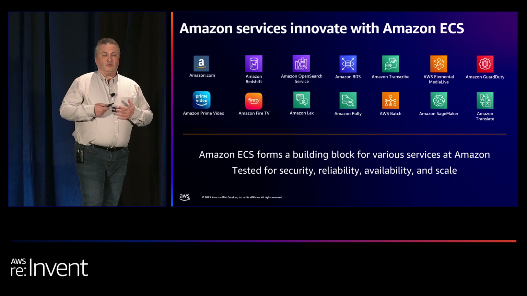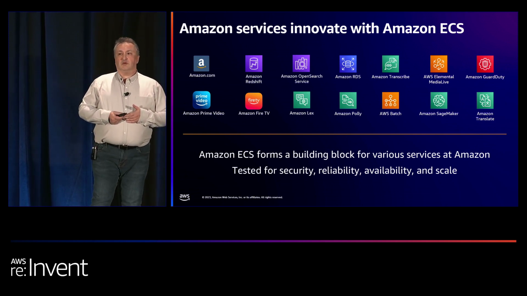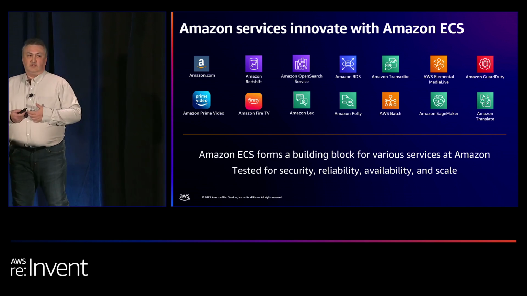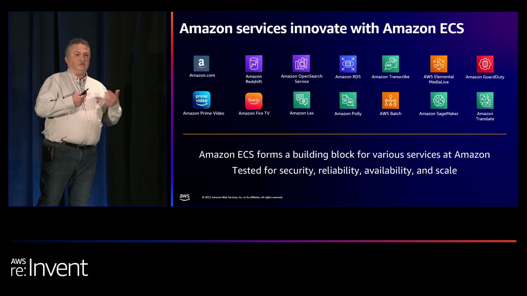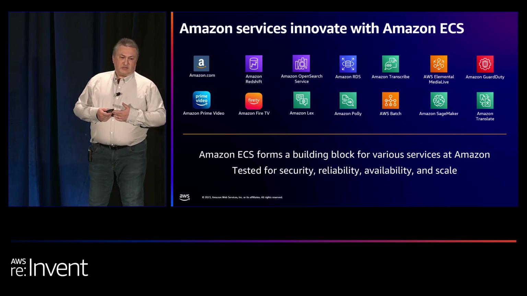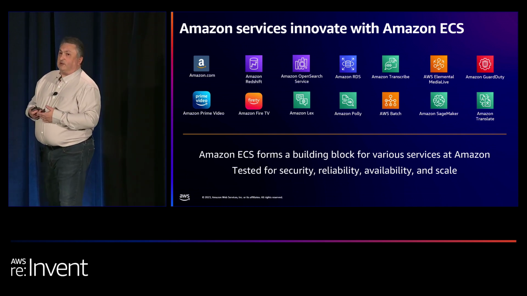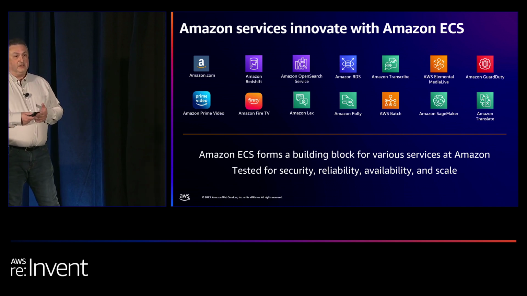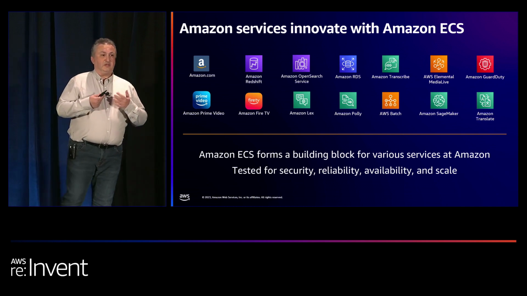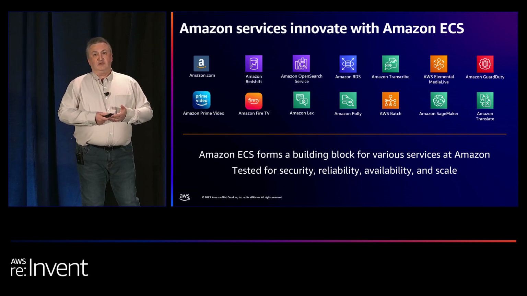And although we've had hundreds of thousands of customers, our biggest customer is Amazon itself. From traditional databases like RDS and new AI/ML services like SageMaker, even GuardDuty runs on ECS, as well as hyperscale consumer services.